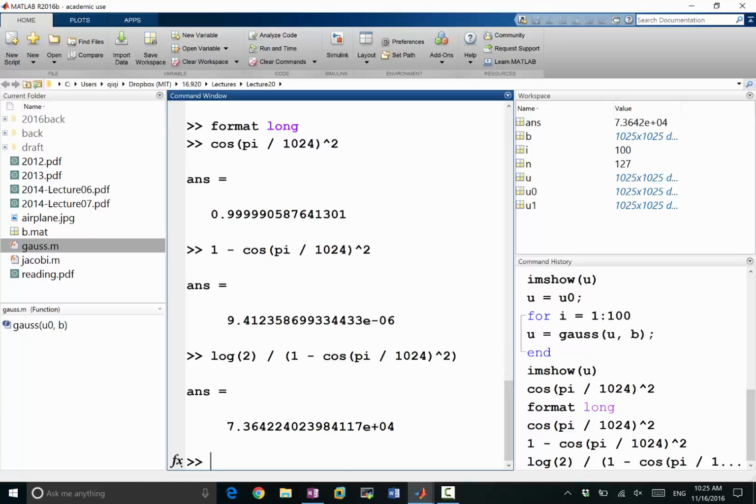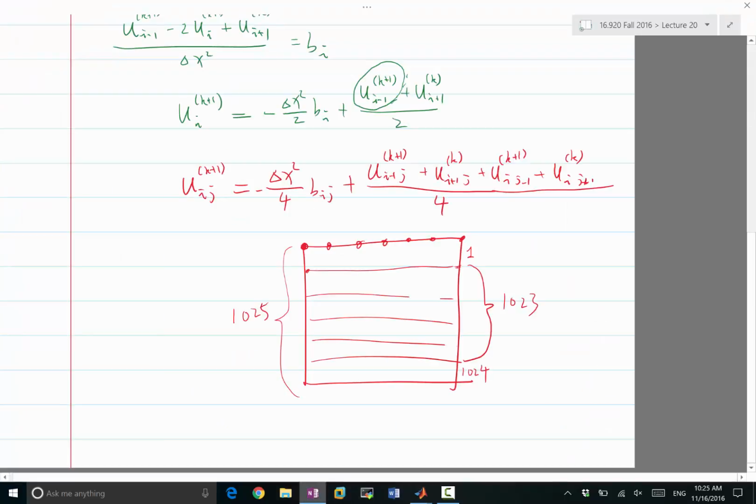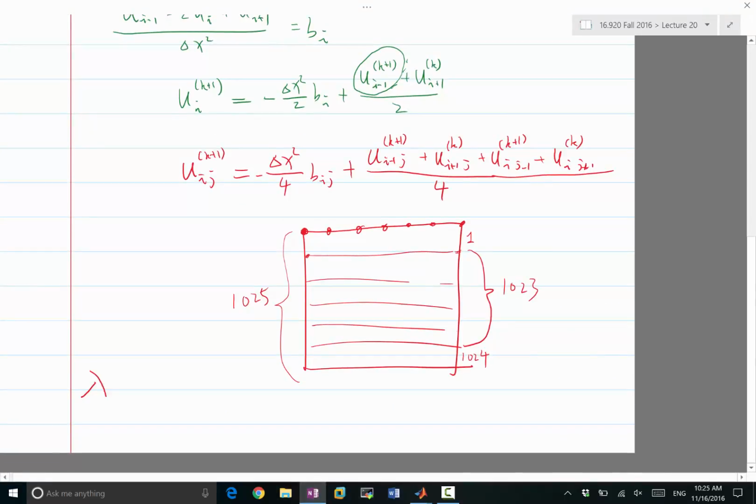Let me illustrate that a little bit more. Your biggest lambda is equal to cosine of pi over n, which is approximately 1 minus half of (pi over n) squared, from the Taylor series expansion.